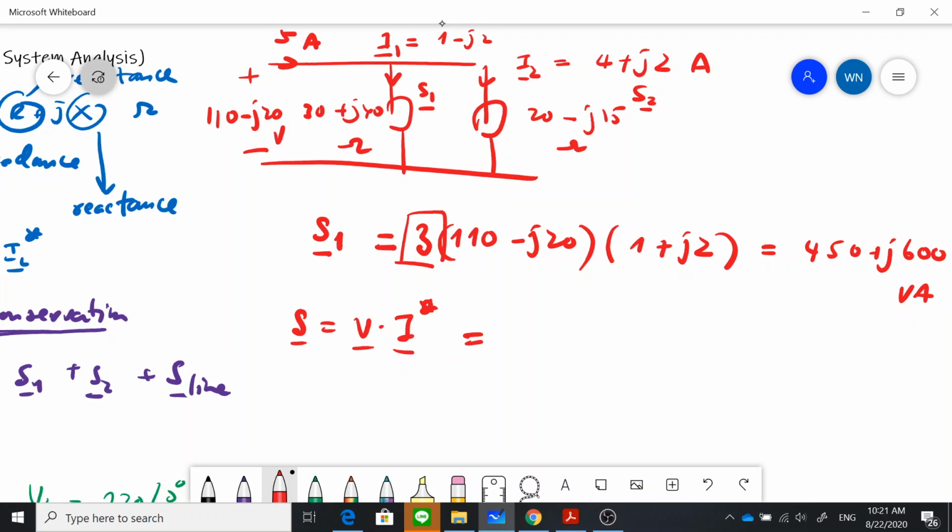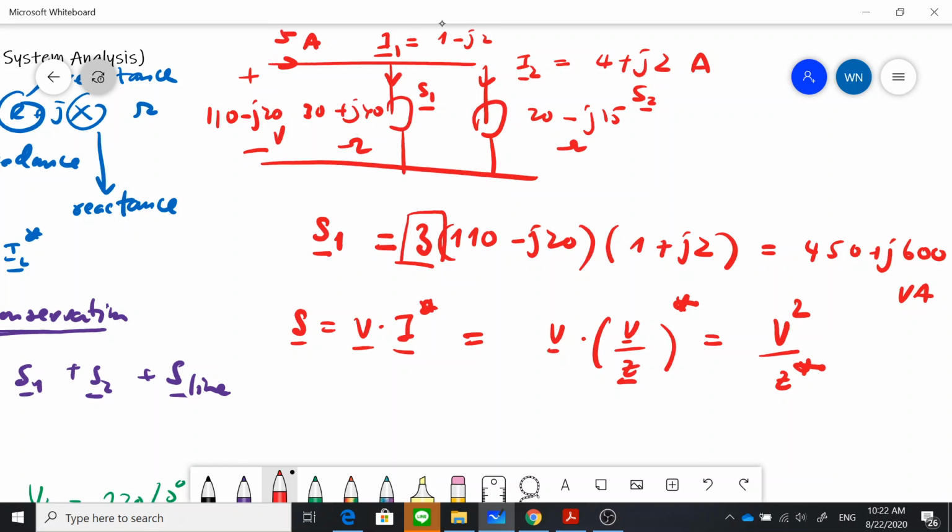You just have to transform the I to V and Z. You know that I is V divided by Z, from Ohm's law, and this is conjugate. So V times V conjugate becomes V square. Remember, V square here is just the magnitude of the phasor, divided by Z conjugate.